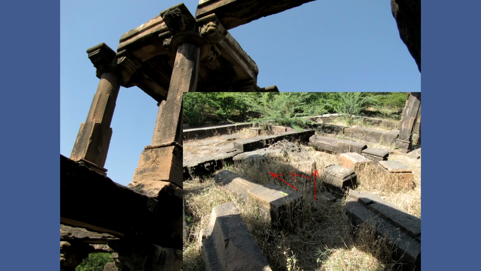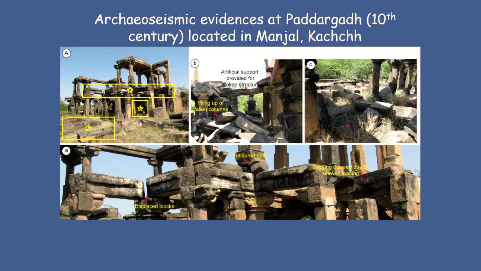So this is related to typical seismic ground shaking. So these are some evidence which we picked up, and we published this paper also, talking about how one can look at the seismological signatures in archaeological sites.